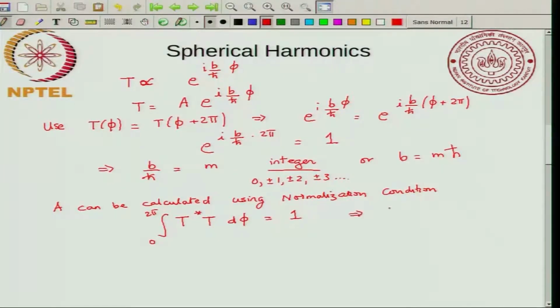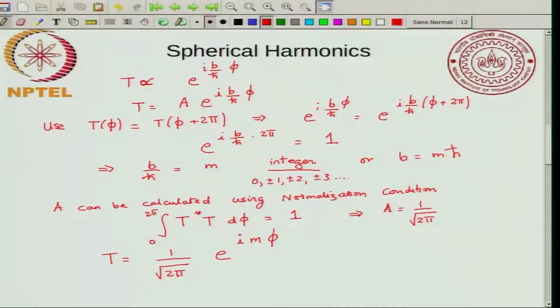This implies, you can easily show, that A is equal to 1 by square root of 2 pi, because the complex conjugate of T is just this with a minus sign, e to the minus i b by h bar phi. So with this I can write T is equal to 1 by root 2 pi e to the i m phi.